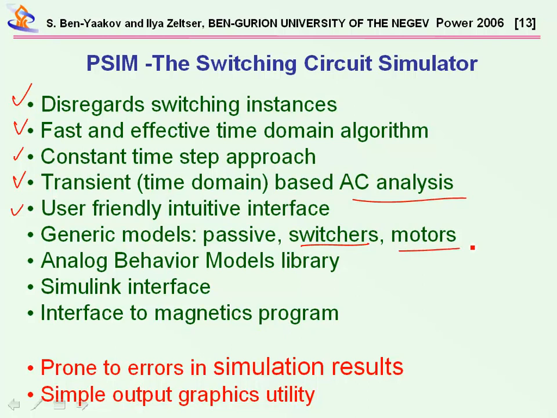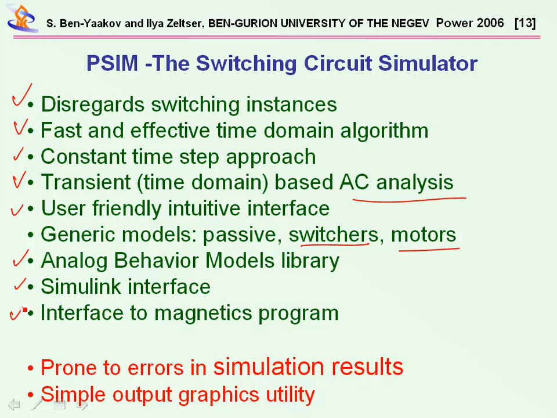But these are, again, for example, for the switch, generic. It's not describing a specific MOSFET, but really the action of a switch. And then it has an analog behavioral model library. It has a Simulink interface and also an interface to a finite element program that can produce an equivalent circuit of a magnetic element.